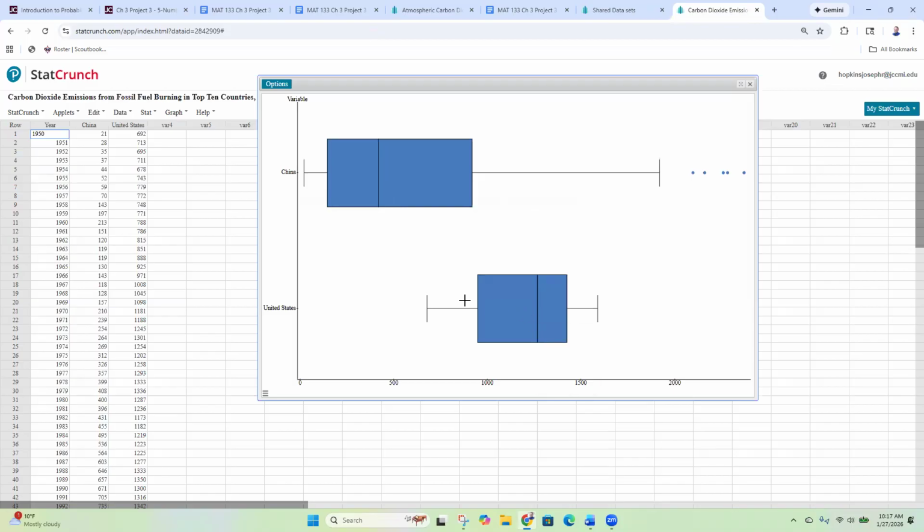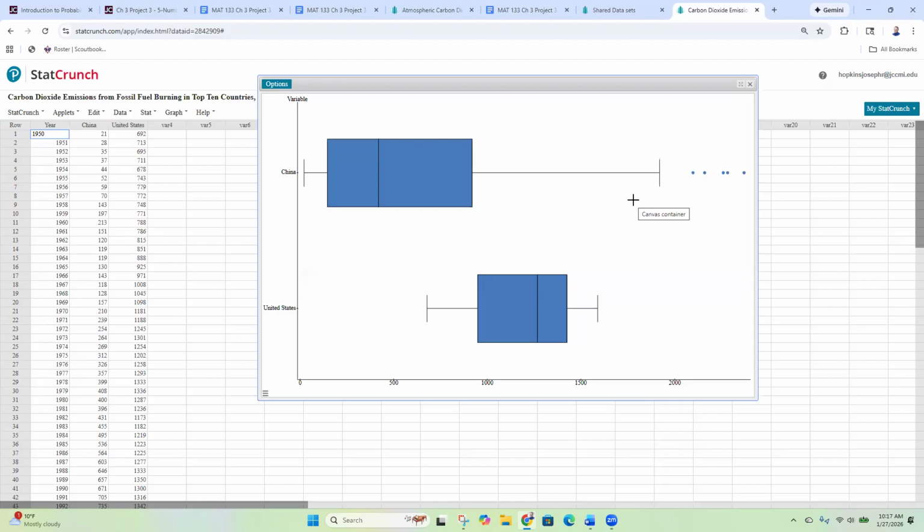Now, range is another way to measure spread, but we're not going to be using that for anything. Because, first of all, range is very affected by outliers, because it is the maximum minus the minimum. And by definition, the maximum is the most outlier-ish, and the minimum, same thing, is the most outlier-ish of your data.